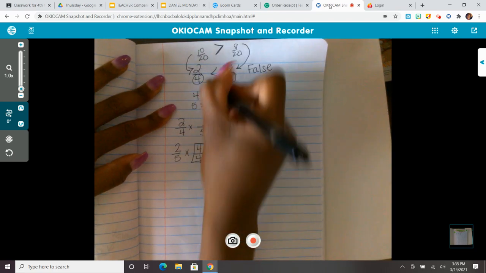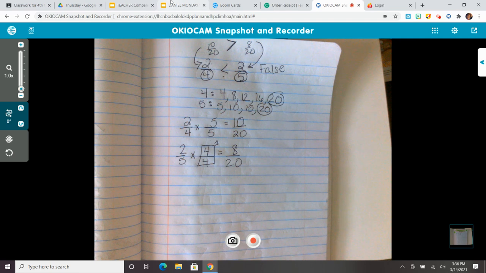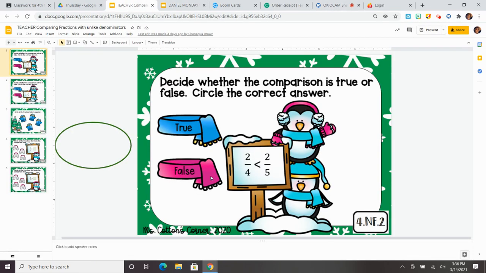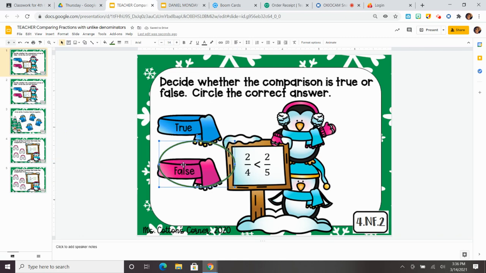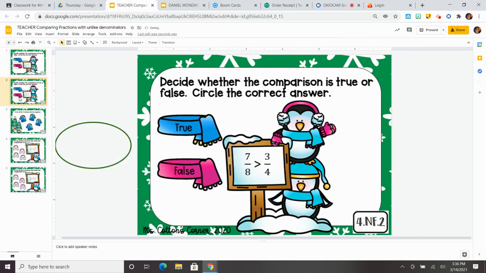Okay? So the inequality symbol that they have right here is not right. All right, let's go to the next one, number 2. Oh, and then that means that I would have to place a circle over the word false. Okay? So now let's go to number 2.